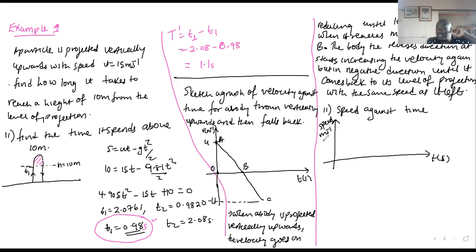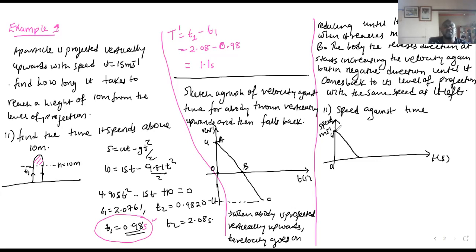Now, speed is not a vector, it's a scalar. Speed is magnitude, it's just size. Its direction does not matter. So speed has only one direction, which is the positive. So the speed will fall from u until it reaches maximum height.